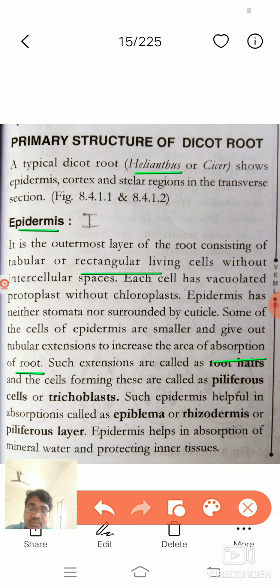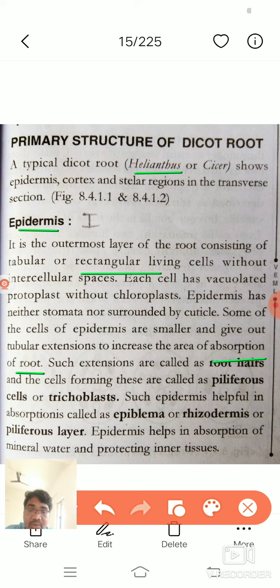This is the most important bit related to the epidermis in the dicot root. Such epidermis helps in the absorption of water. It is called epiblema, rhizodermis or filiferous layer.